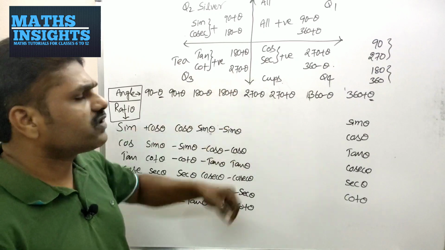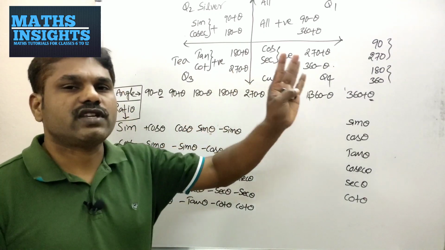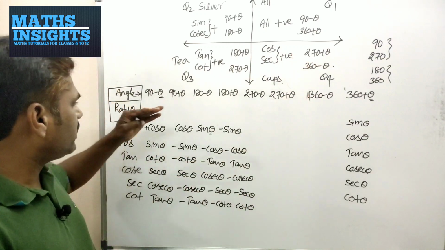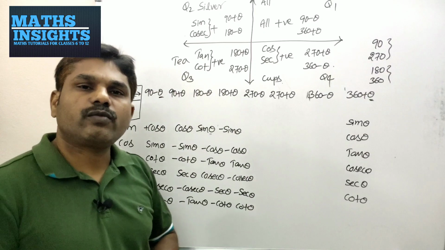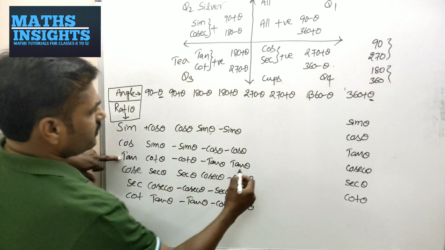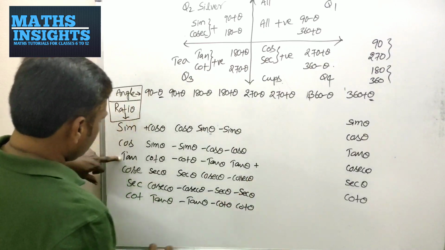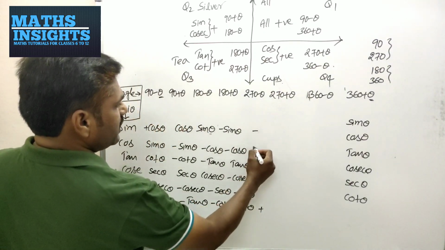If we observe 270 minus theta, when 270 comes, the ratios will change. Therefore, sine will become cos. But only tan and cot are positive, remaining are negative. Therefore, for tan I will place plus, and for cot plus, remaining are minus.